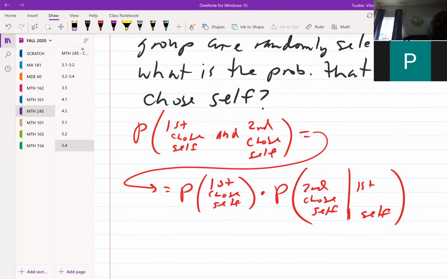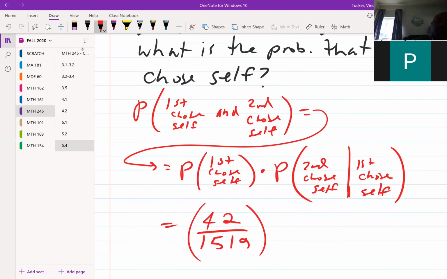So that's what we're looking at. Now, the first person chose self is just 42 over 1519. We already discussed that one.